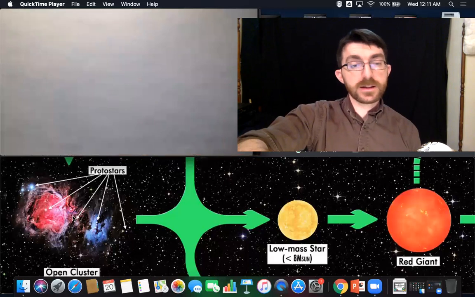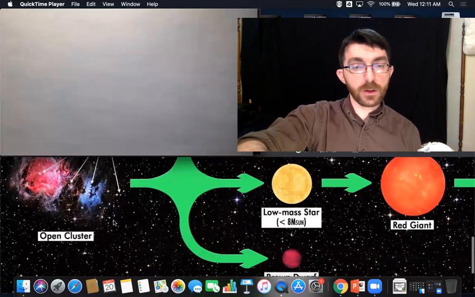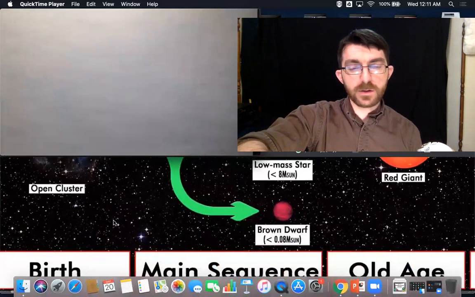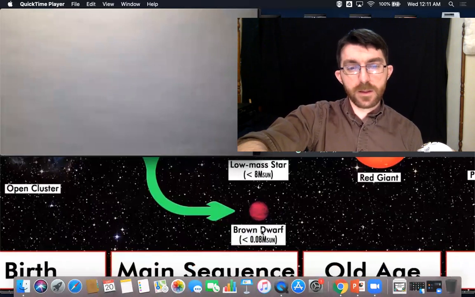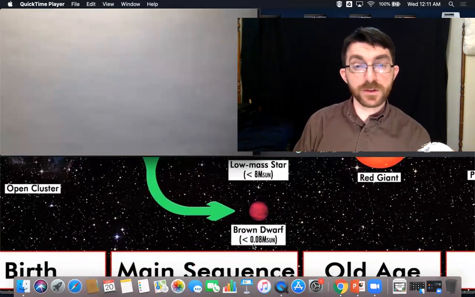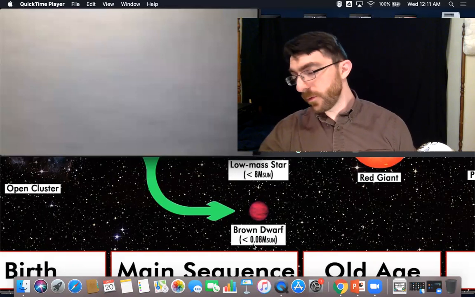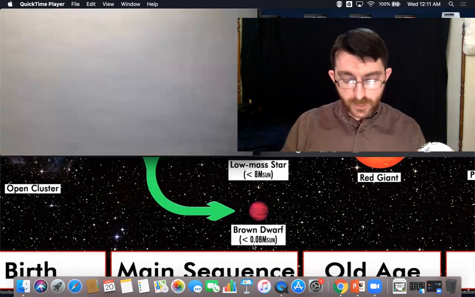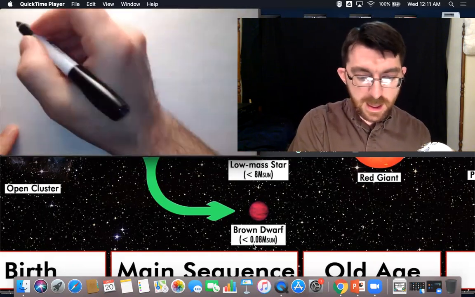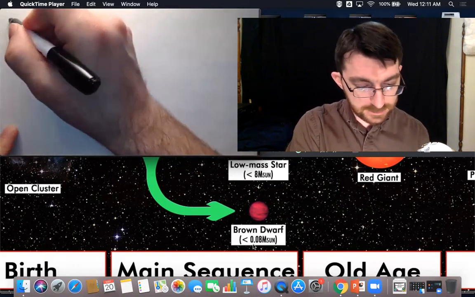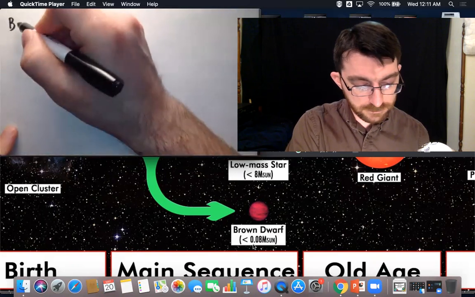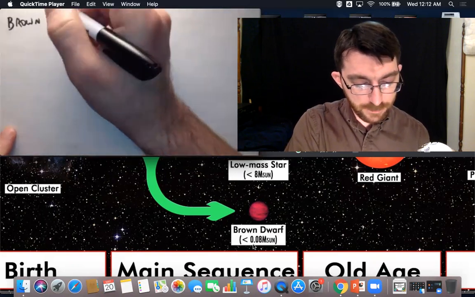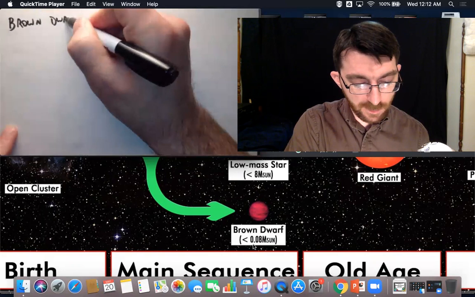So let's head down the lightest ones. And as you can see, this is called a brown dwarf, and the mass is less than 8% of the sun. So we can consider, I don't even have a brown marker. That's too bad. So we can consider a brown dwarf as, hey, good game, we tried, but we didn't really end up with a star.